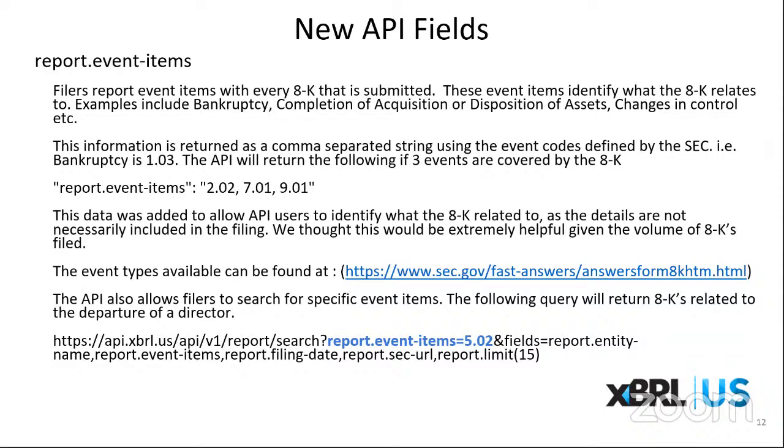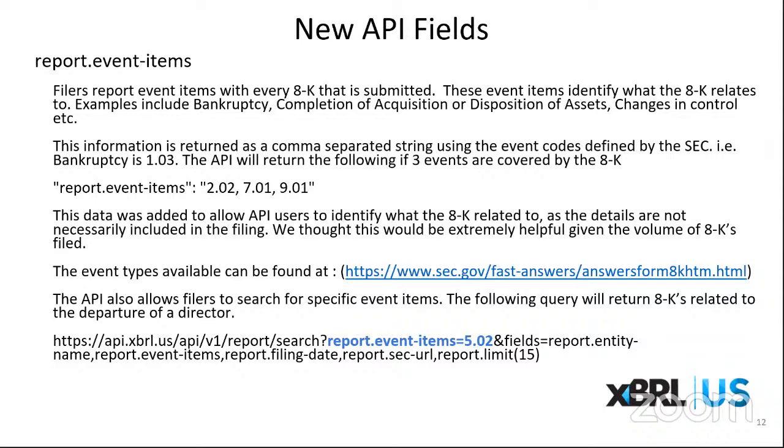So you could query the API for a given set of companies on a regular basis, so that you can see if there are certain events that affect the company that you might be interested in. And there's a link here, and if we make the slides available, you can see all the different categories the SEC has for these event items.